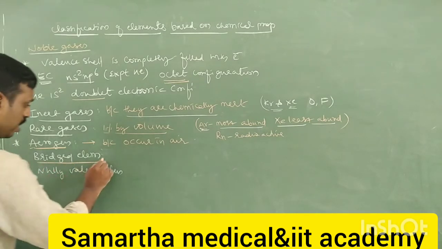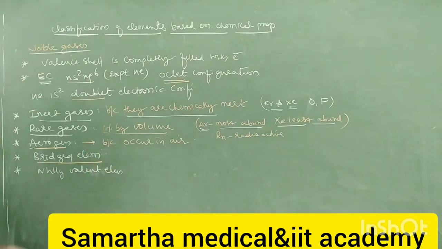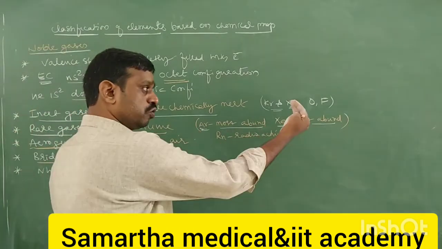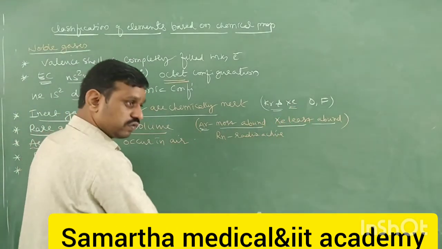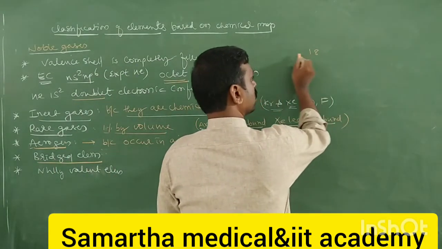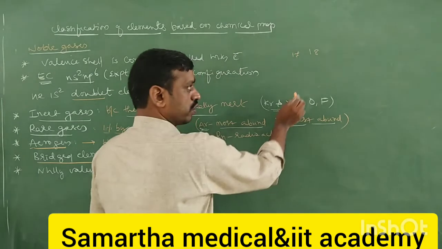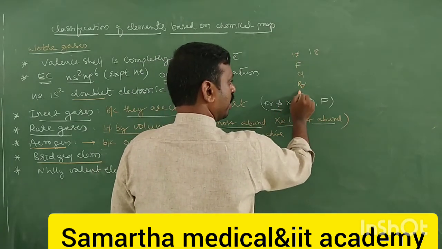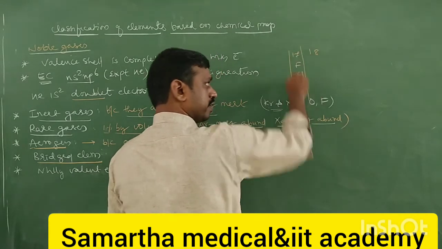Next, bridging element. They form the bridge between the most electronegative 17th group and the 18th group. What are the 17th group elements? Fluorine, chlorine, bromine, iodine. They are the most electronegative elements.